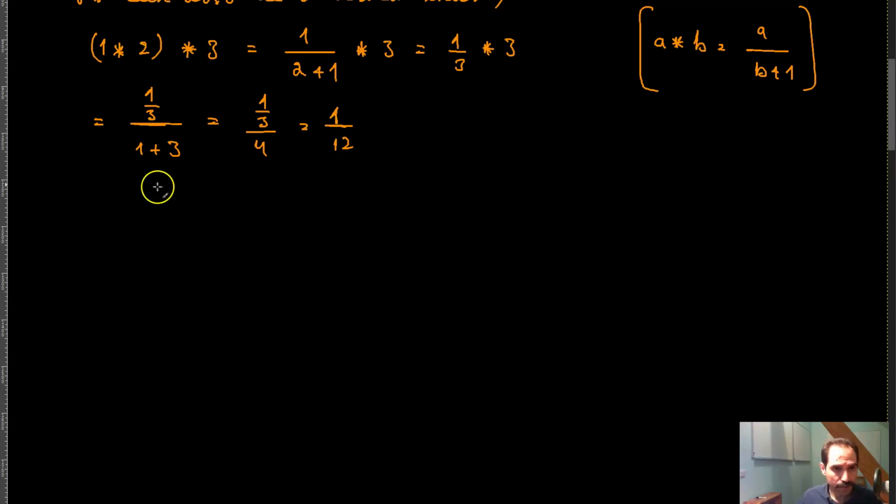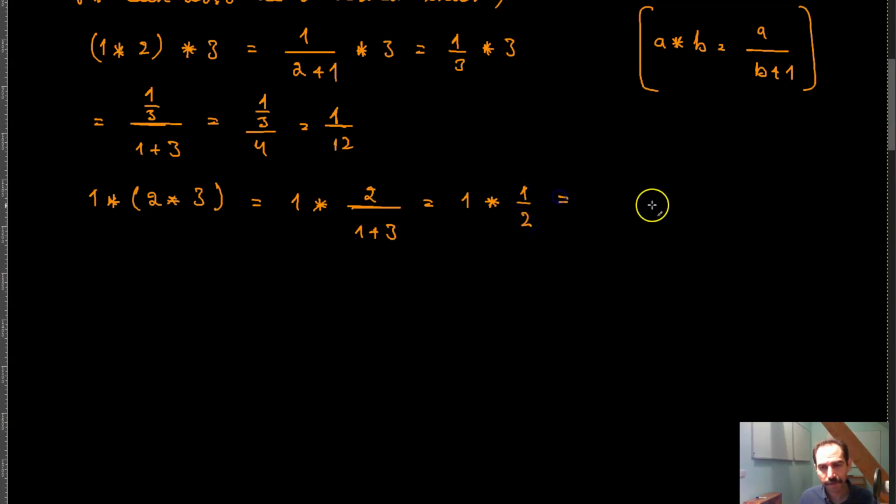And 1 star 2 star 3 the other way is the same thing as 1 star, basically 2 over 1 plus 3, which is the same thing as 1 star 2 over 4, which is 1/2, which is the same thing as 1 over 1/2 plus 1, which is equal to 1 over 1.5, so that's 1 over 3/2, which is equal to 2/3.